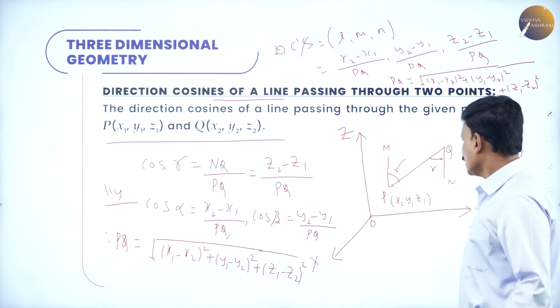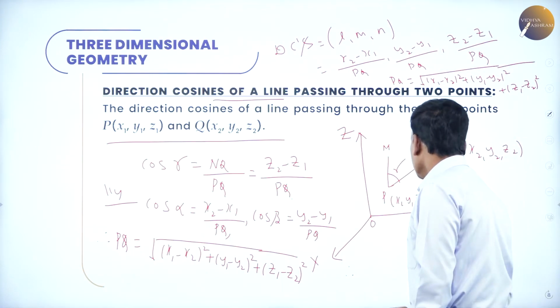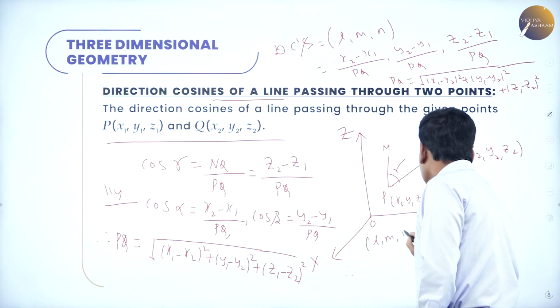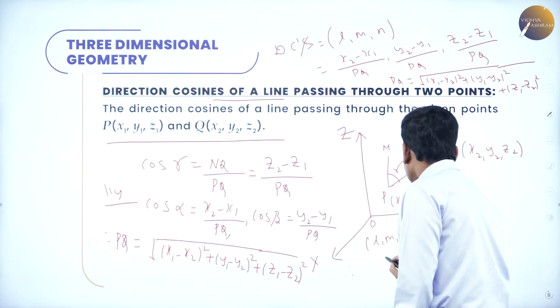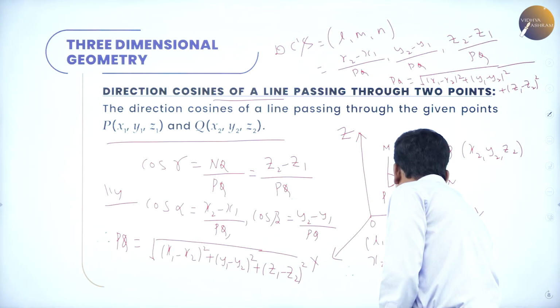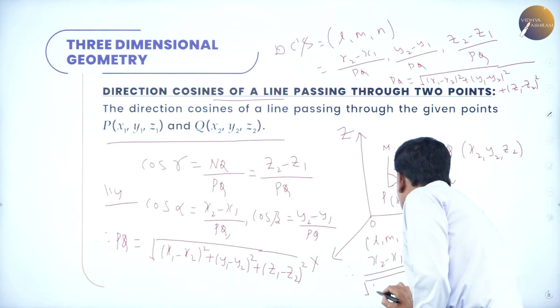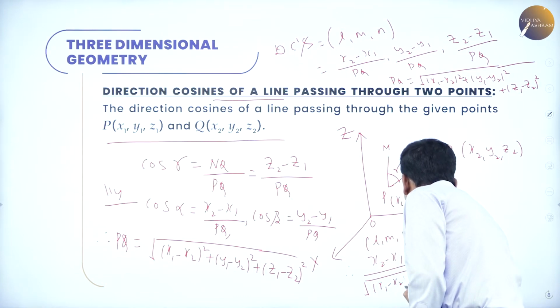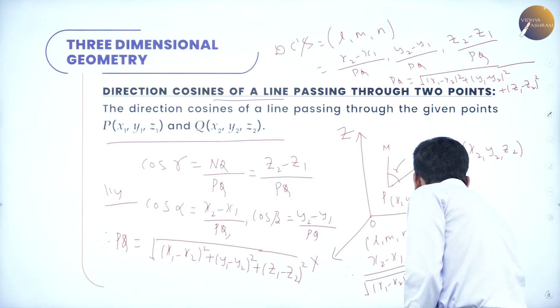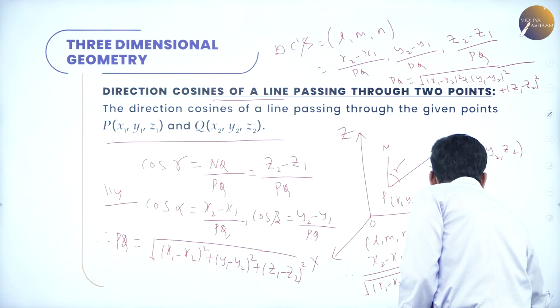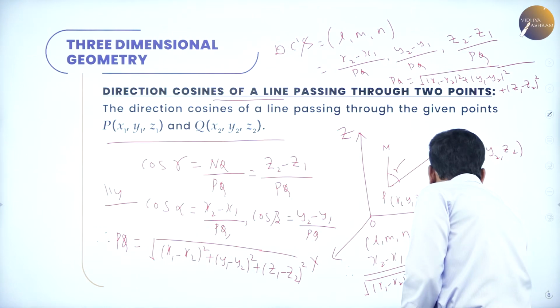That's all. So L, M, N can be written as x2 minus x1 divided by root of x1 minus x2 whole square plus y1 minus y2 whole square plus z1 minus z2 whole square.